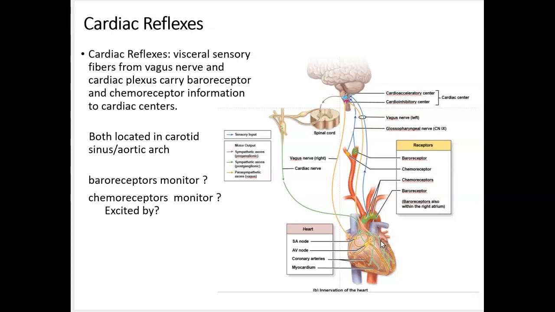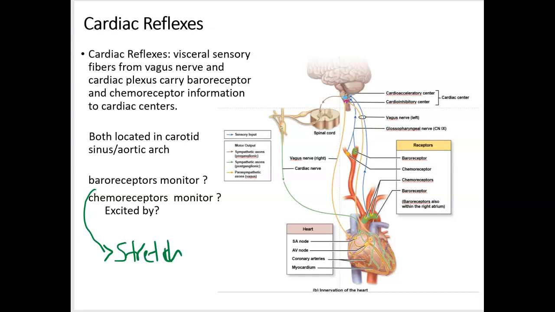We need receptors. So receptors, the first step in a reflex. And there's two types of receptors that we're going to be looking at. We'll be looking at the baroreceptors, which are shown as green, and we'll be looking at the chemoreceptors, which are shown as yellow. Now, baroreceptors, you probably remember, are going to monitor the stretch in the vessel.